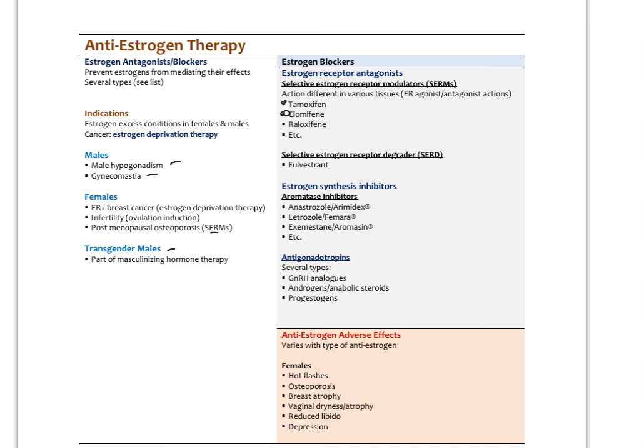But clomiphene is used for ovulation induction, and what it does there is it blocks the alpha receptors in the hypothalamus. And so as the estrogen levels increase, normally that should provide a negative feedback to turn down FSH and LH secretion. So when you block the estrogen receptors in the hypothalamus, though, the negative feedback signal is shut off.